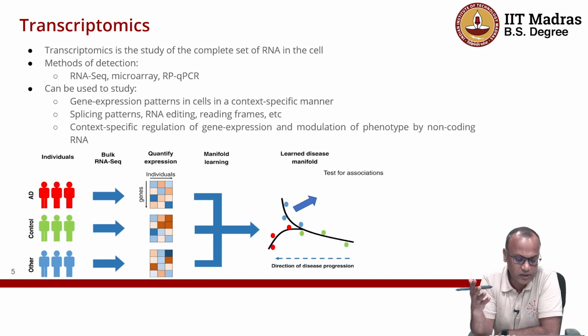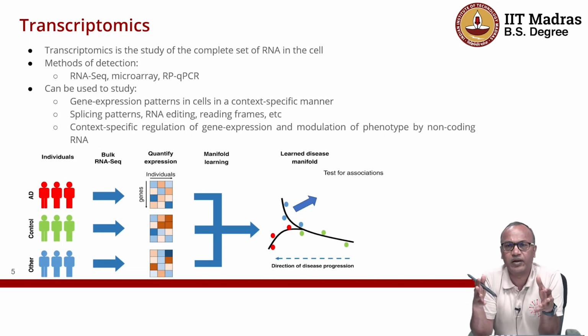Next is transcriptomics, which is the generation of transcripts, so generation of RNA in a cell. Now, as we were discussing before, the whole set of RNA of a given cell depends on its function.